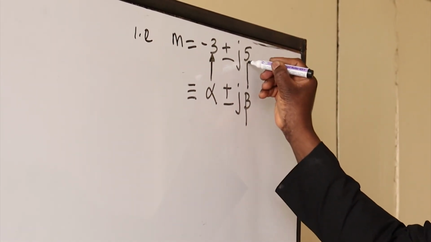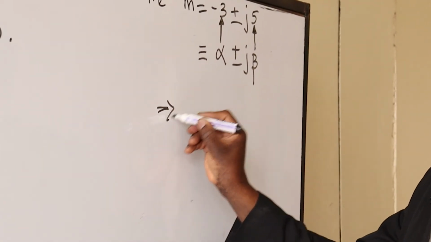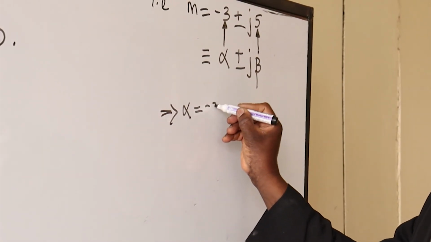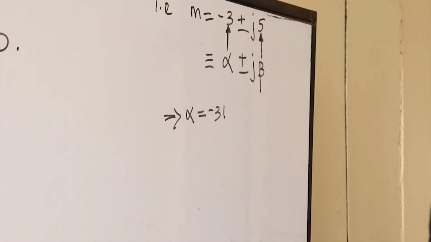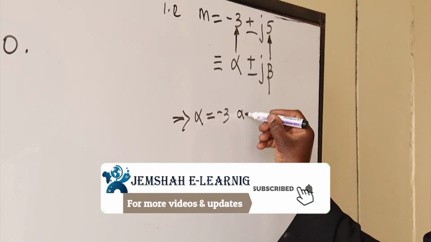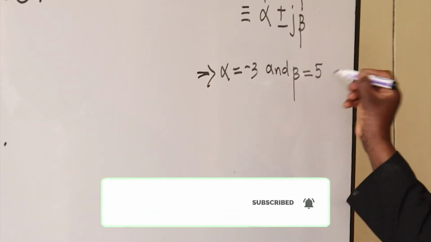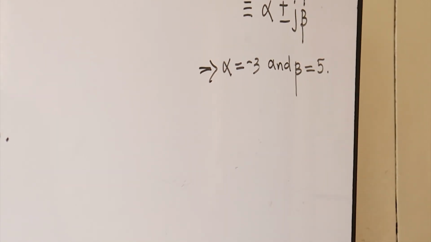So this implies what? Our alpha is negative 3 and beta is equal to 5.